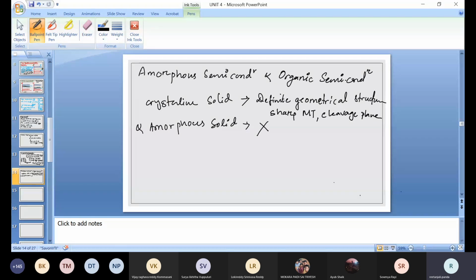Just as in glass, there are definite planes through which cracks propagate and it breaks down. But in an amorphous solid, that property is not available.